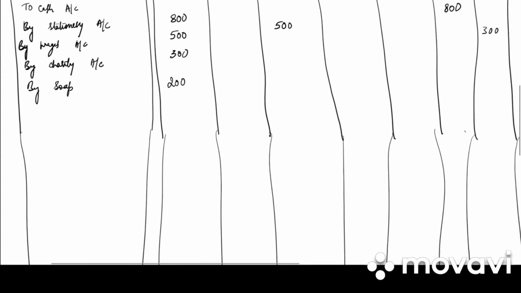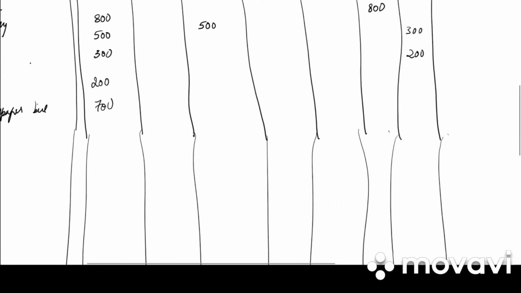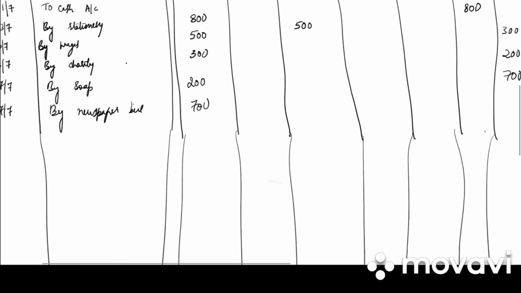Under miscellaneous expenses 200. Again on 7th we have buy newspaper bill, 700. Under miscellaneous expenses 700.